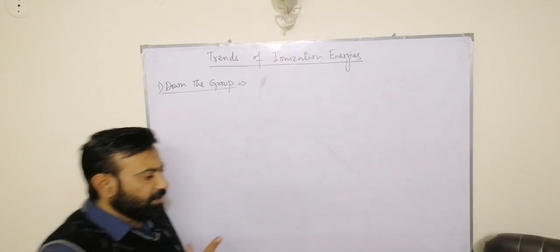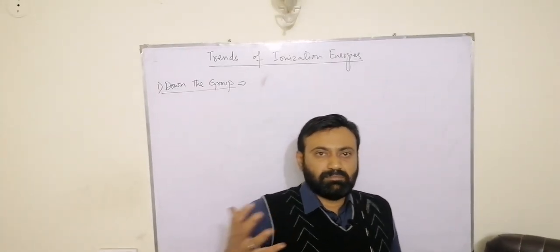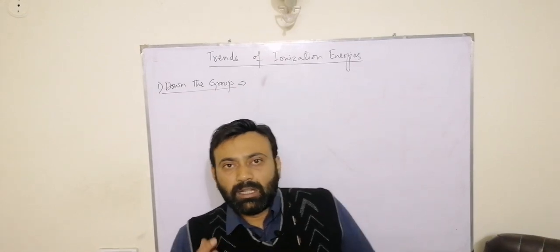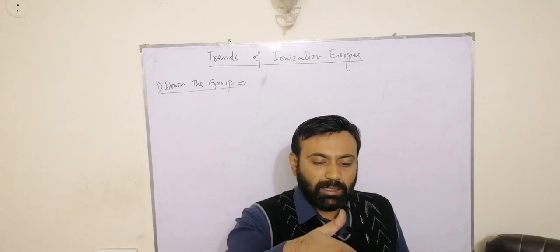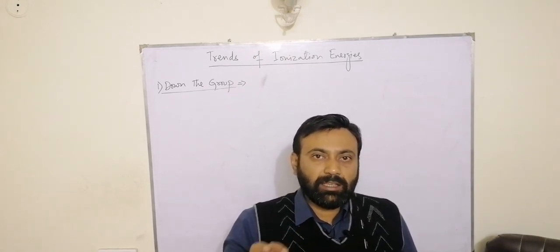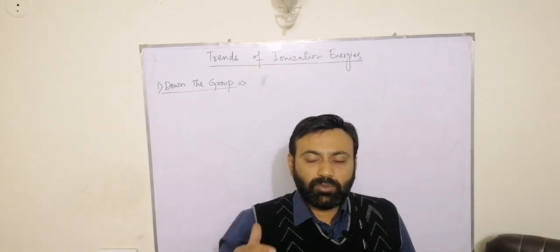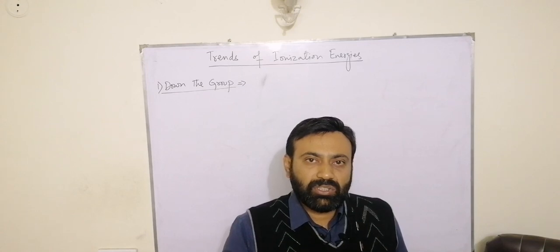See, first reason is obviously the increase in atomic radius. That is the most major factor. Ionization energy would decrease because as we go down the group, one shell is increasing. As we move on from element to element, one shell is increasing in each element.